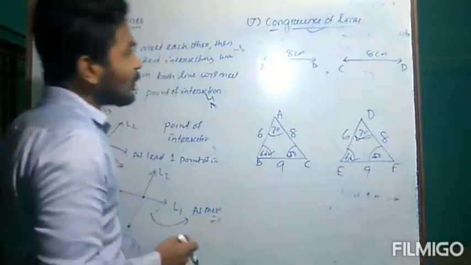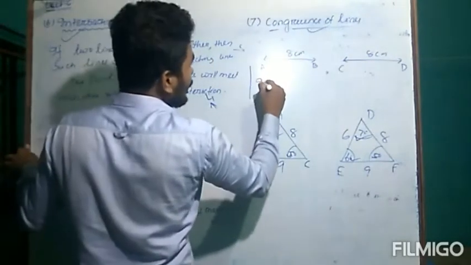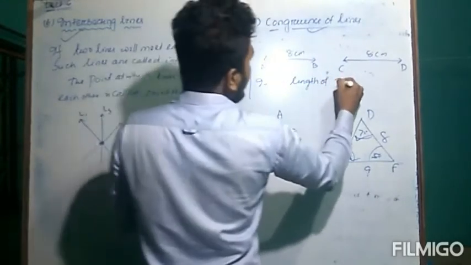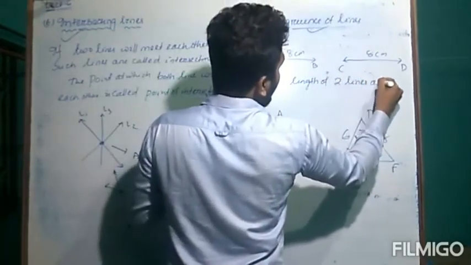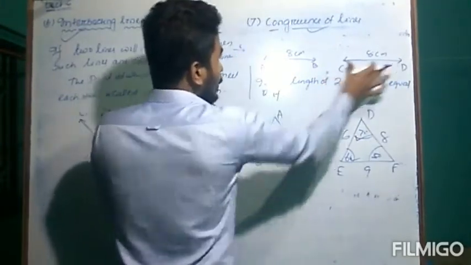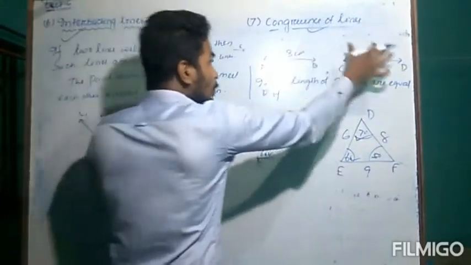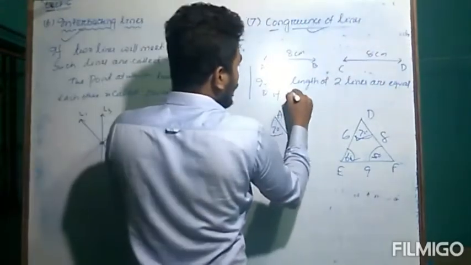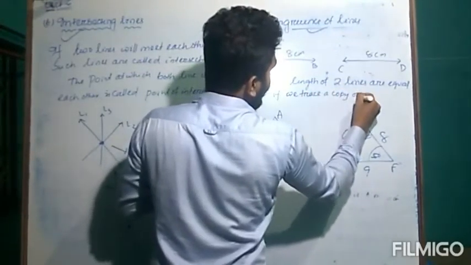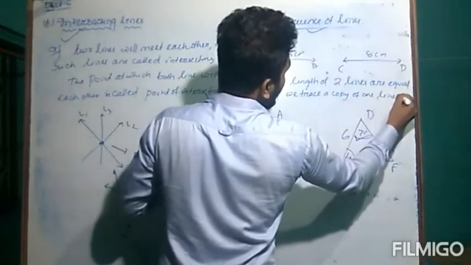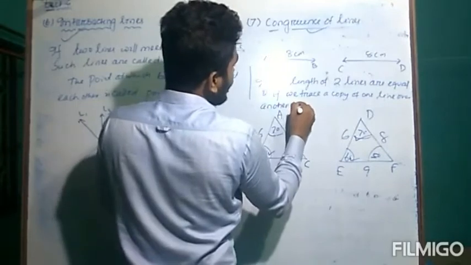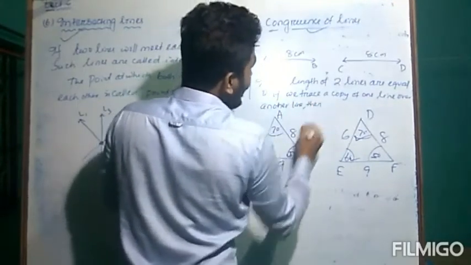Okay. So what are congruent lines? If the lengths of two lines are equal, and if we trace a copy of one line over another line, then what will happen?